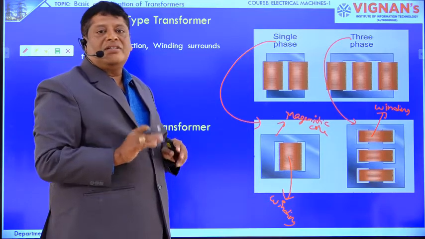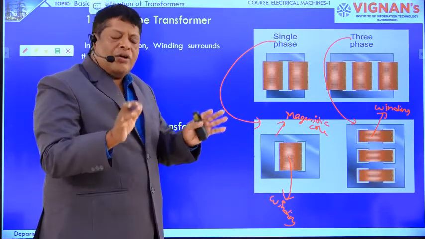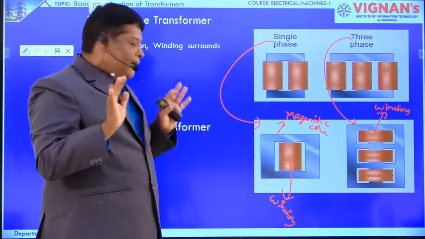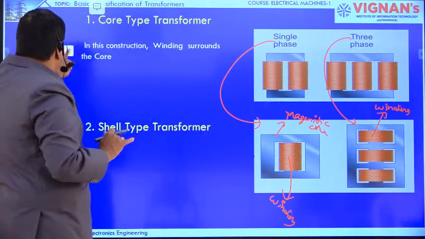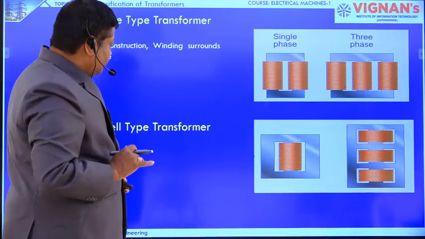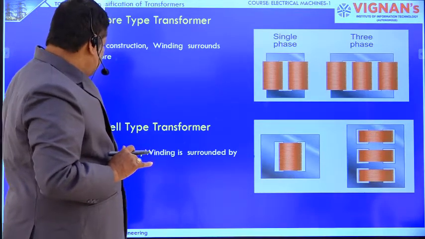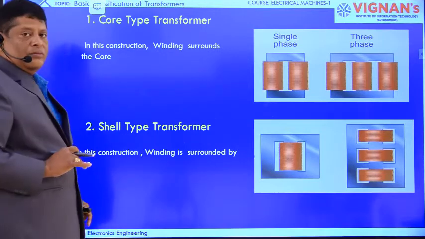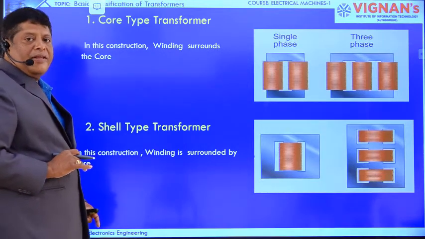Both are coupled only magnetically. In this construction, the winding is surrounded by the core.